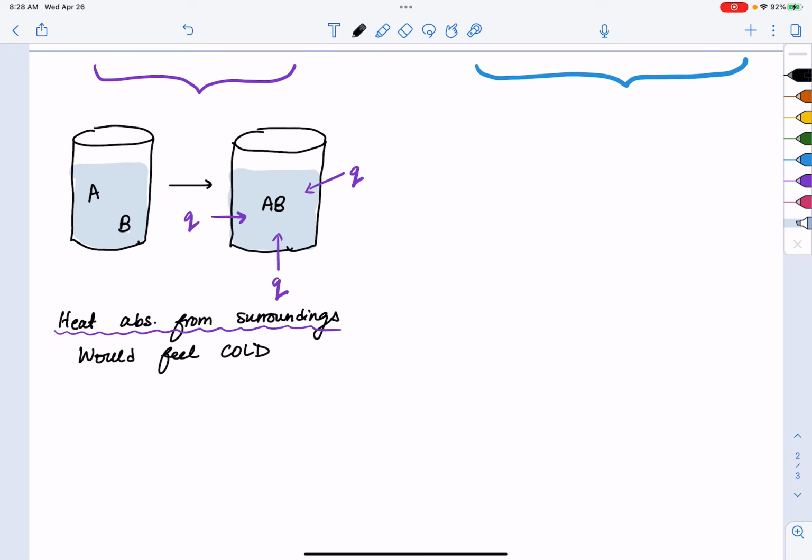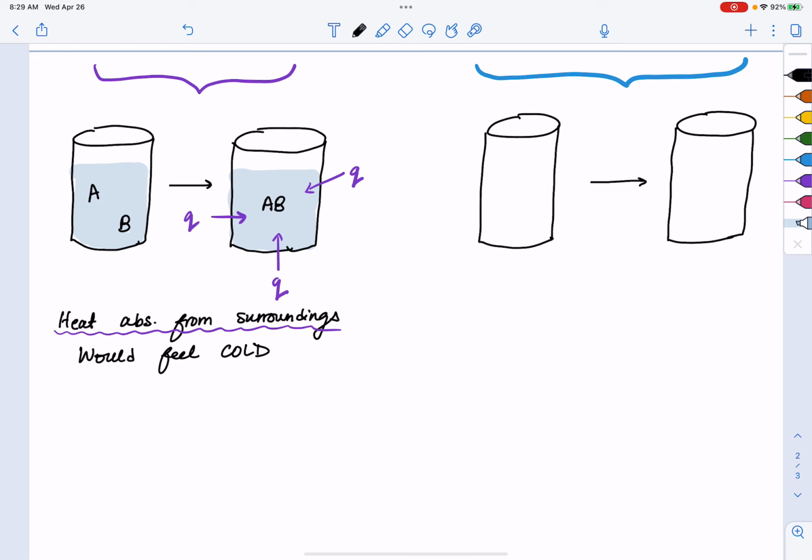Now, what about if we had an exothermic reaction? So here we're looking at the inverse of our endothermic one. This is where we start with reactant AB, which then decomposes into components A and B. All right, if this is exothermic, then that means that heat is being released out of our system.